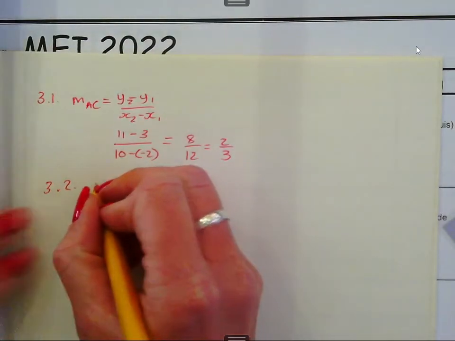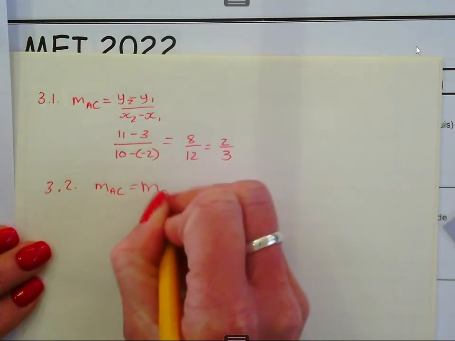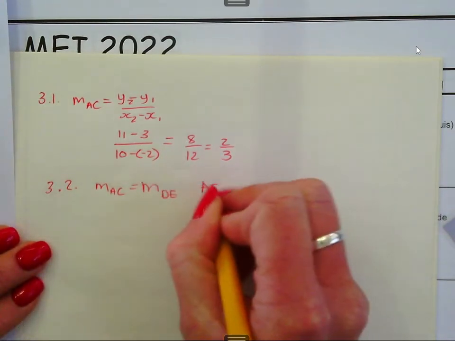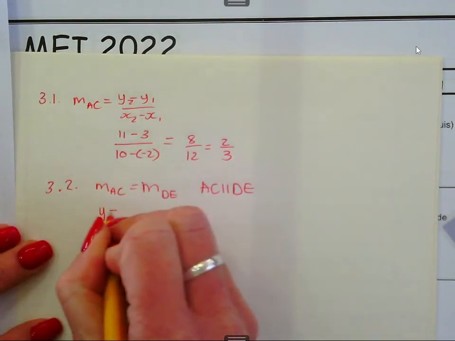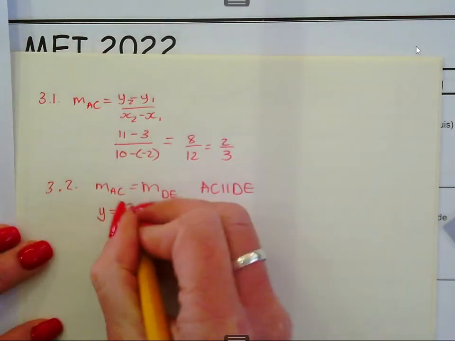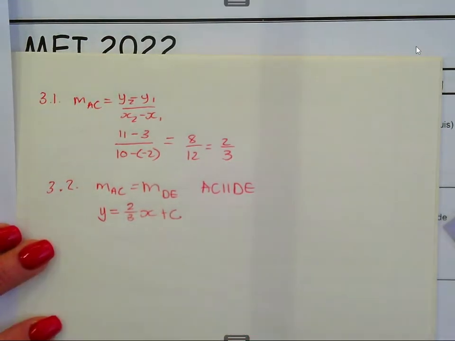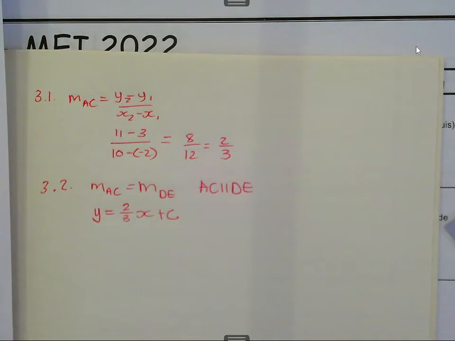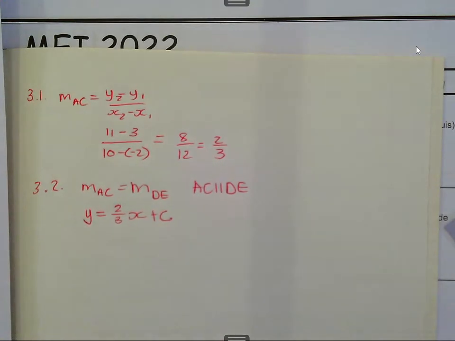So the gradient of AC is equal to the gradient of DE because AC is parallel to DE. Then I know it's y equal to 2 over 3x plus c. Now to find the equation, I just need one coordinate to substitute into the place of x and y, and then I can calculate the unknown value of c.